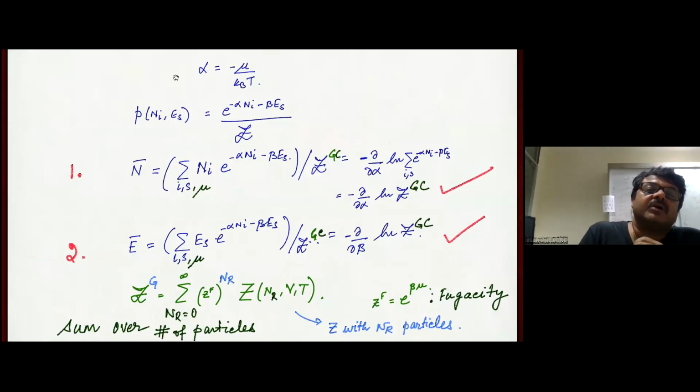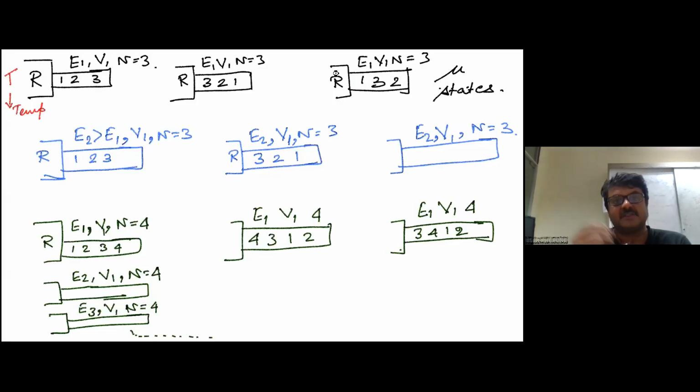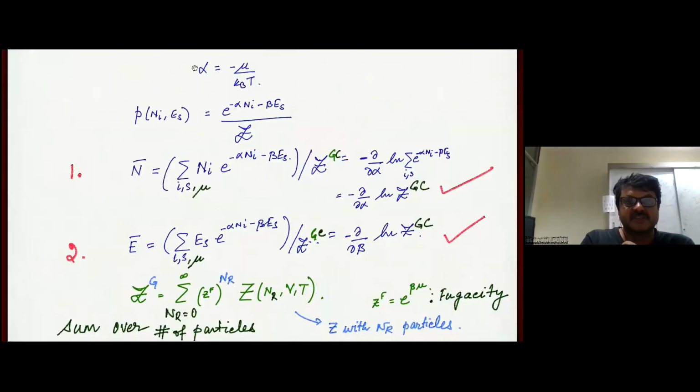And you can also express this with alpha. So actually what is equated, when you do this calculation, when you maximize this, you figure out there is some quantity which is equated, which you call alpha, and you associate minus chemical potential by kBT with alpha. So in terms of algebra, alpha comes first, and that you associate with minus mu by kBT.